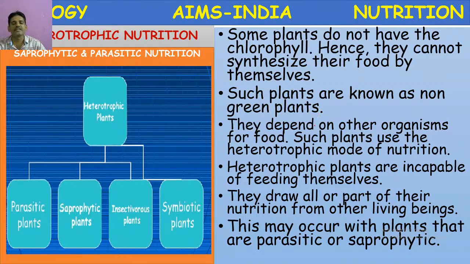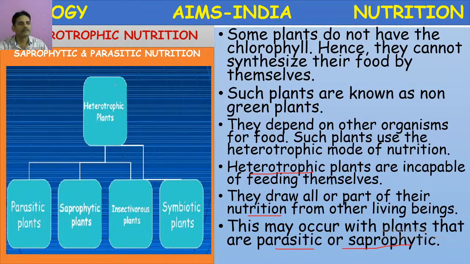These heterotrophic plants cannot feed themselves. They draw all or part of their nutrition from other living beings. This may occur with plants that are parasitic, saprophytic or symbiotic.